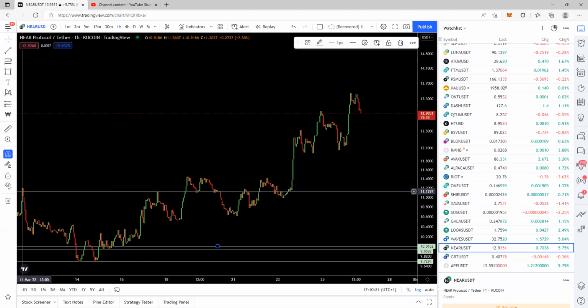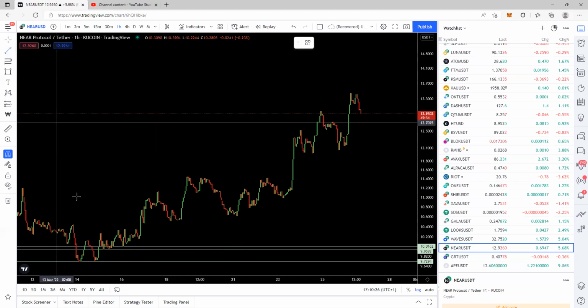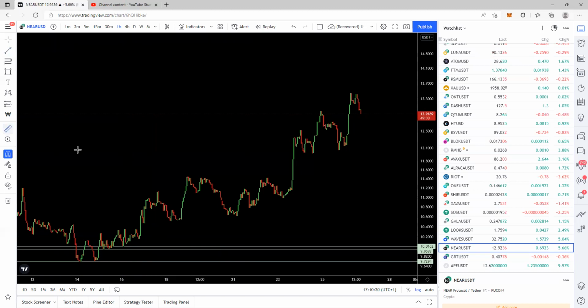So now, once we've seen that we were bullish in the market, now you start looking for areas of retracement. And as you can see, Near is actually dropping as we speak.